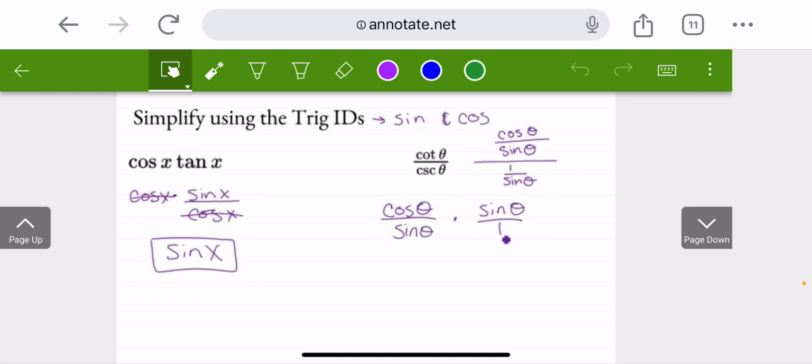What happens? My sines cancel out this time, so we're left with the answer cosine theta. So write everything in terms of sine and cosine and then simplify.